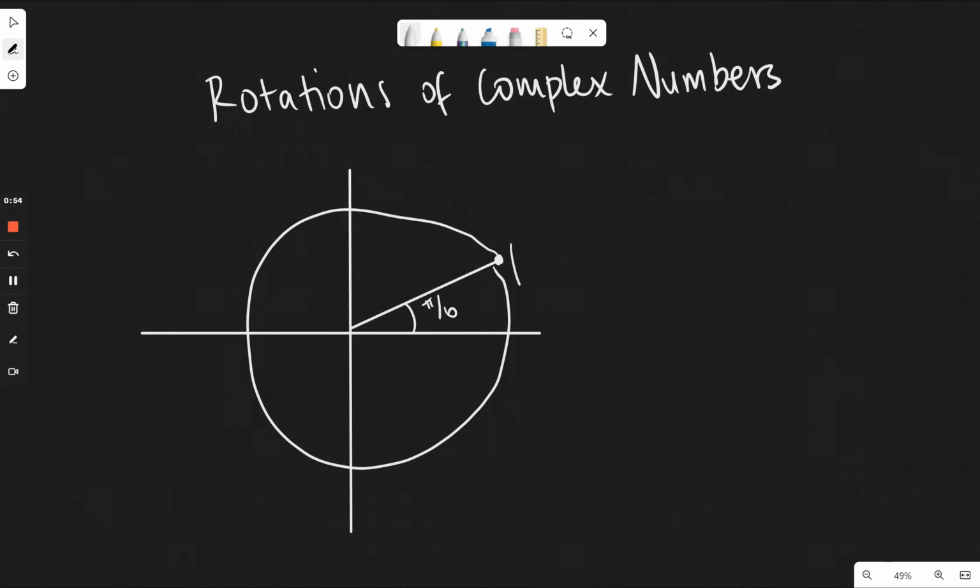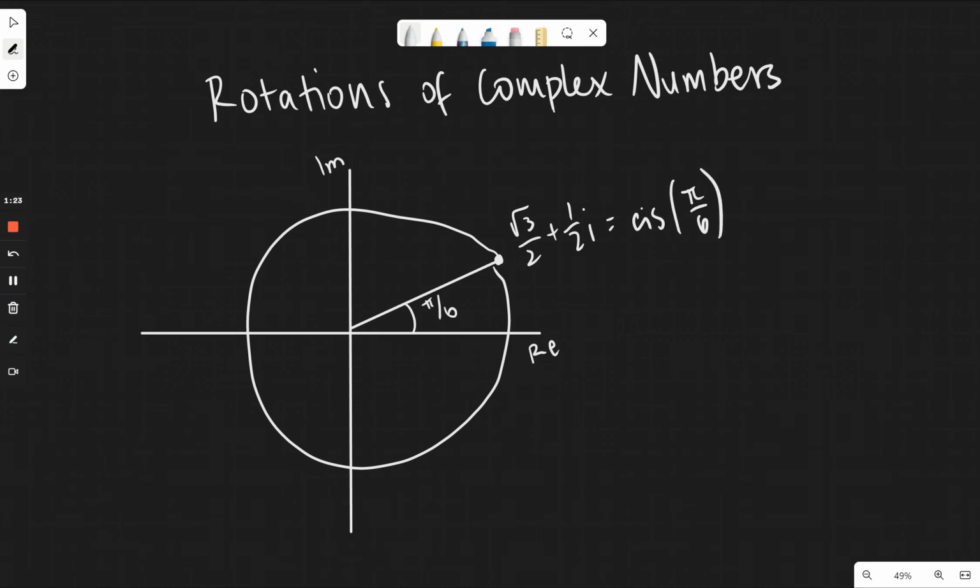So this is going to be square root 3 over 2, and then 1/2, except since this is a complex number on the Argand plane, and this axis is real, and this axis is imaginary, this number is actually going to be square root 3 over 2 plus 1/2 i. And we can also represent it as cis pi over 6.